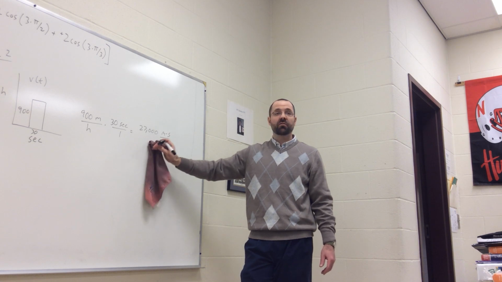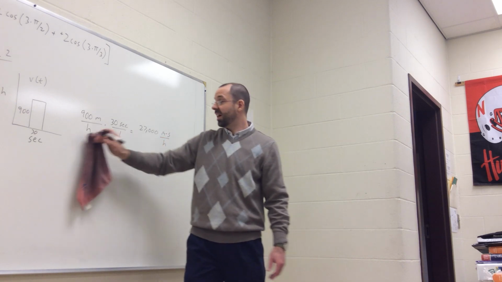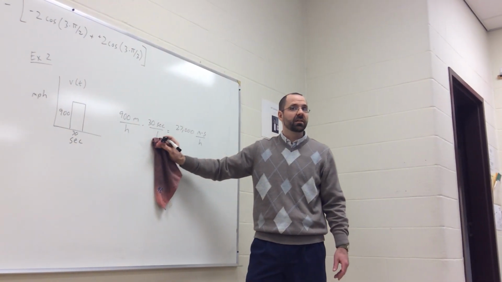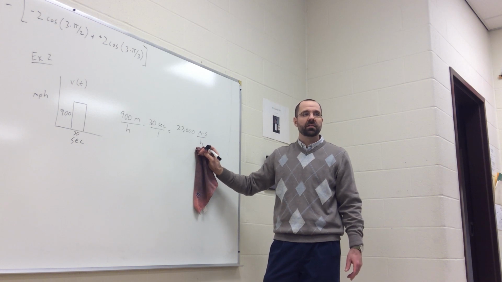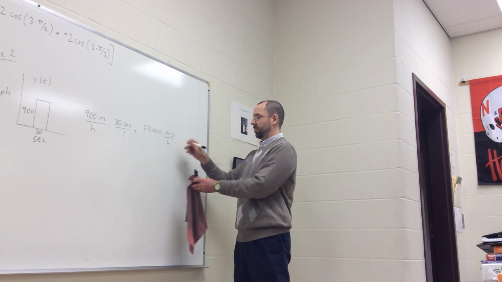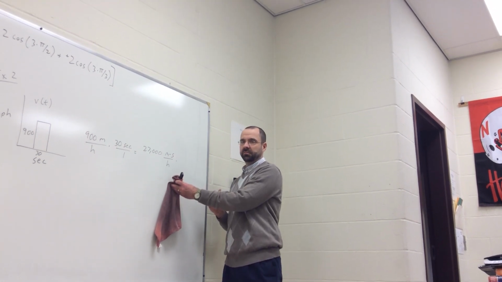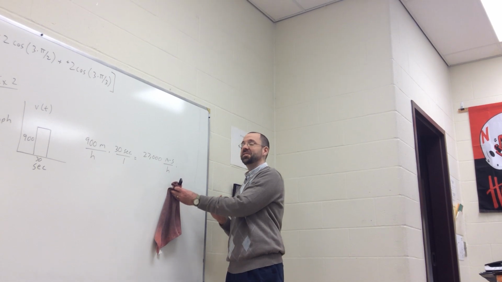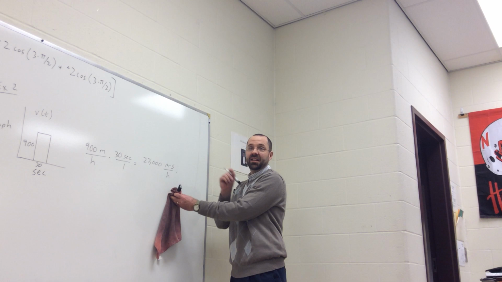So now we need to convert this. This is distance because it's velocity times time, right? It's just got a label on it that we don't understand. So we're going to convert this. How many seconds in an hour? 60 seconds in a minute, right? Times 60 minutes in an hour.